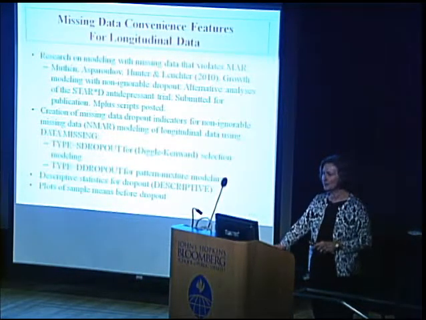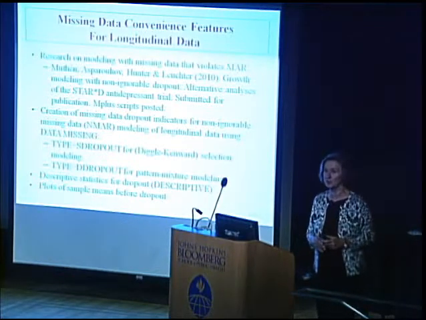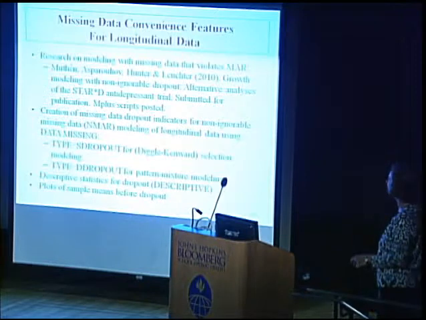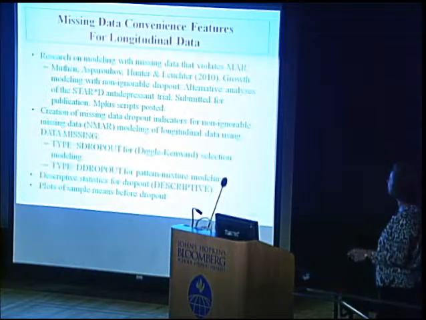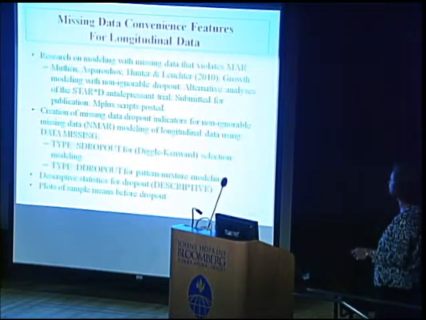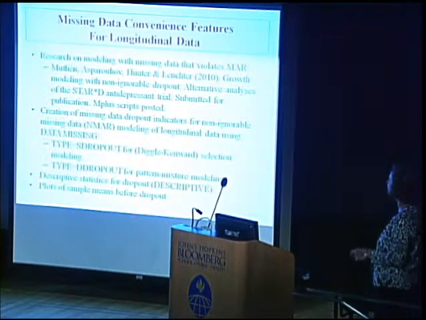Now, another new thing that a lot of people may find interesting is we added a DATA MISSING command. And this came about because of the collaboration on the STAR*D antidepressant trial work, where missing data was taken into consideration, non-ignorable missing data.